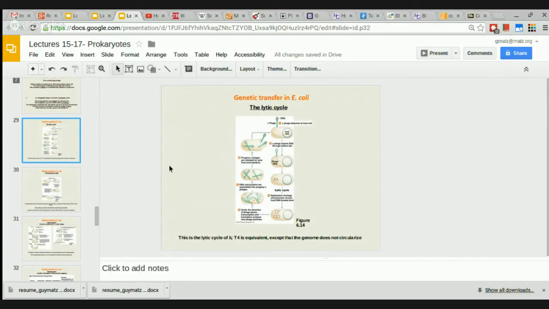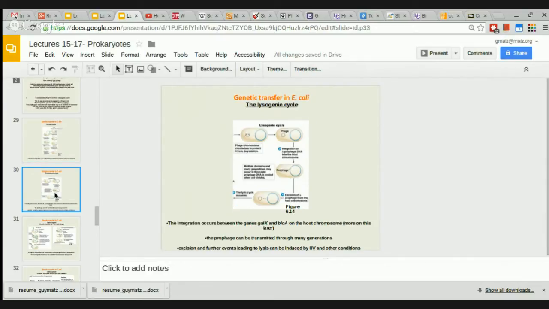Lysogeny is, for example, what happens with phage lambda. So lambda, when it infects the cell, depending on the growth conditions, will face essentially what's called a genetic switch.